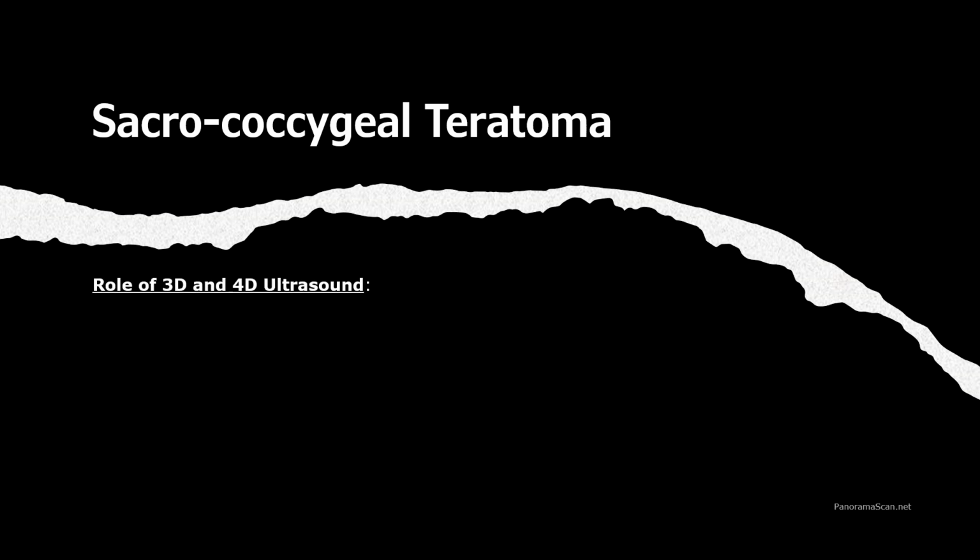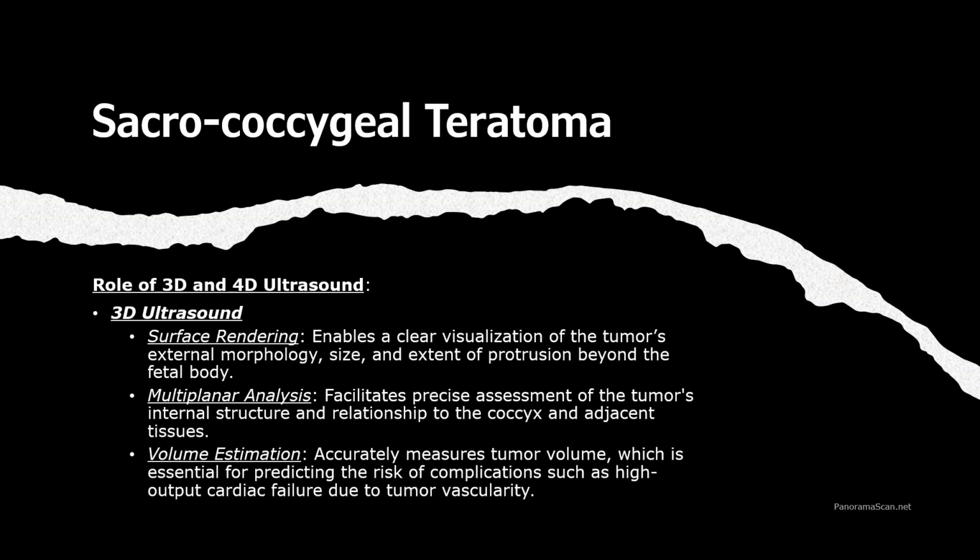3D ultrasound is invaluable in assessing sacrococcygeal teratomas, offering detailed high-resolution images. Using surface rendering allows clear visualization of the tumor's external morphology, helping to evaluate the size and extent of protrusion beyond the fetal body.